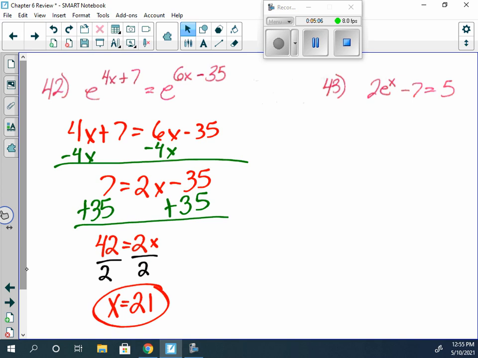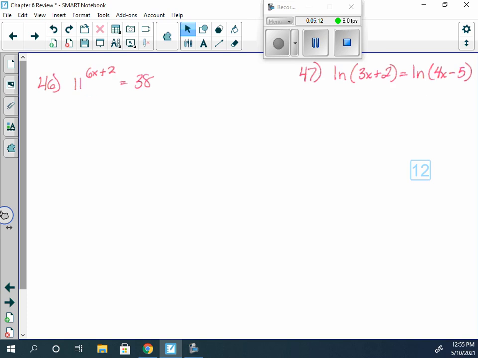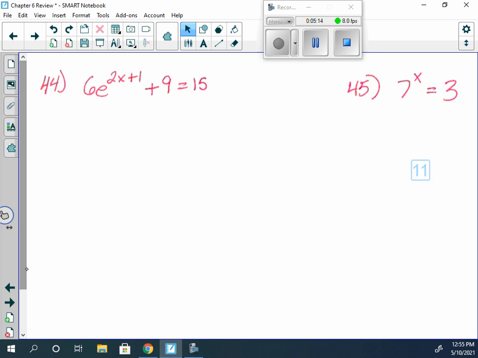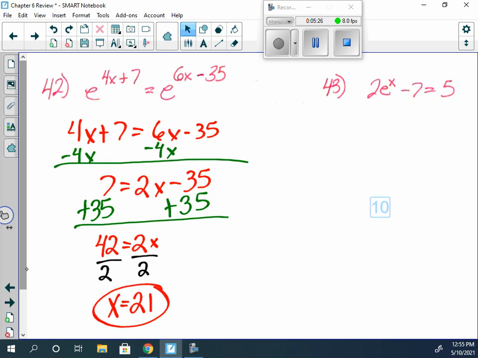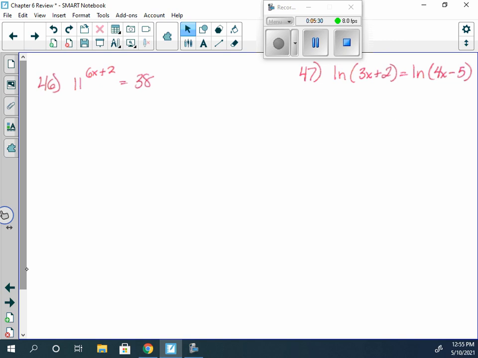If we do have time, we'll come back and look at it, because I do want to make sure we get to some of the others. Questions on 45 or 46? Which one of those do you want to look at? We'll come back to that if we have time, because we did 44 on Friday. So 46.